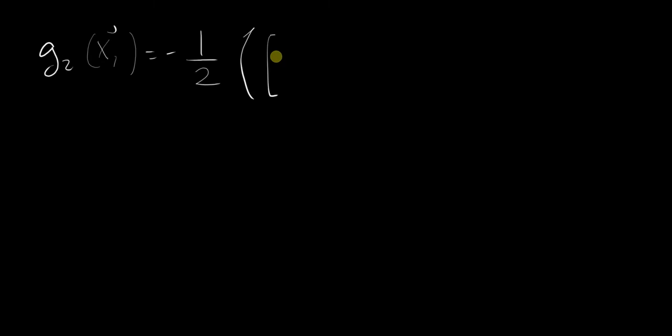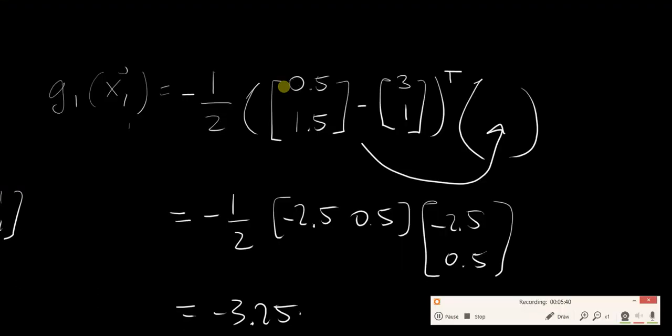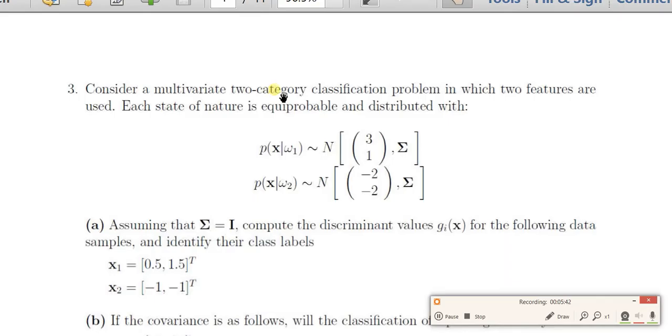Now we've got to find g2 of x1. So we're working with the same sample, but the discriminant function is different. And the difference there is seen in, oh, is that supposed to be negative? I think it's supposed to be negative. No, never mind.